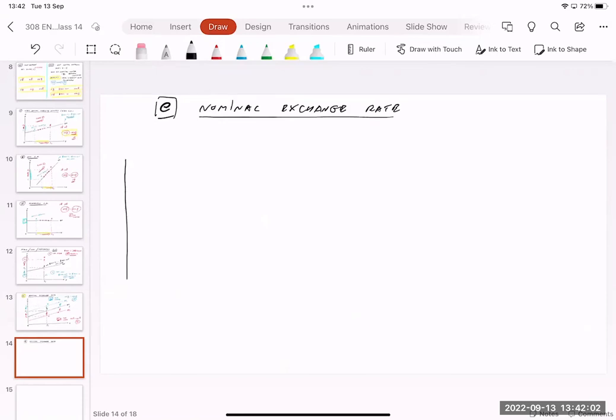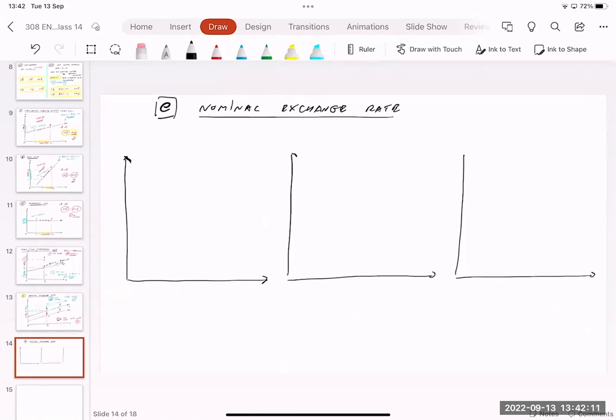Again, we have three cases. Here is a BP curve, with Y, O, and R. This is the case of perfect capital mobility.